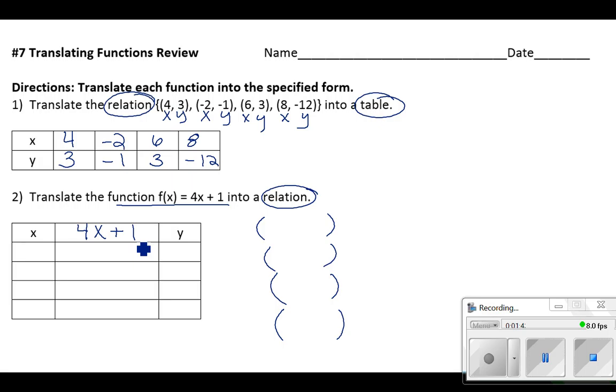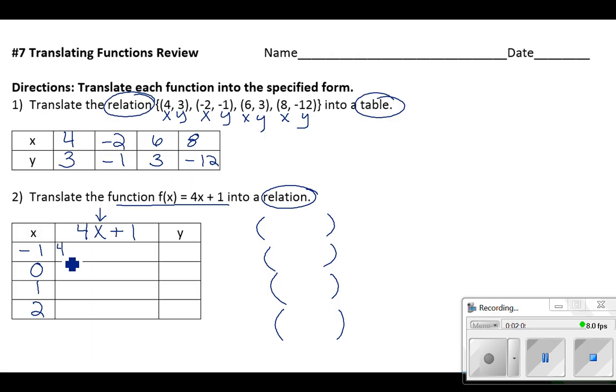Then I get to choose the x values that I want to use, because that's the independent value. So I'm going to choose -1, 0, 1, and 2. And you can choose any numbers you would like. As long as you do it correctly, you'll be okay. Now that I have my x value, I'm going to substitute it into the x in the equation.